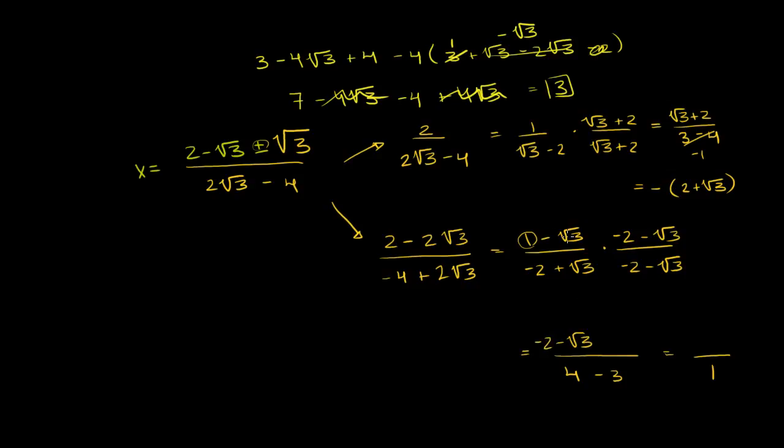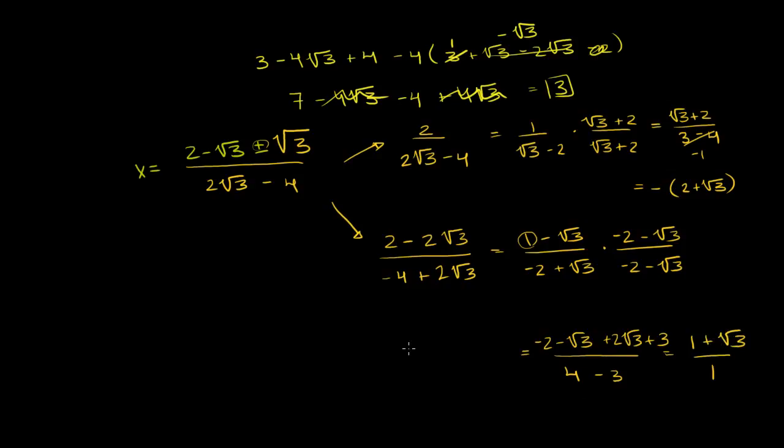And then the negative square root of 3 times negative 2 is plus 2 square roots of 3. And then negative square root of 3 times negative square root of 3 is plus 3. And so you have 3 minus 2 is 1. And then 2 roots 3 minus a square root of 3 is plus the square root of 3.